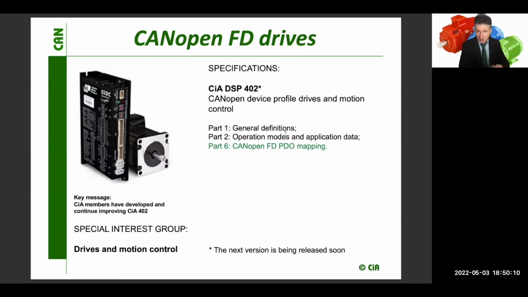If you want to design a CANopen FT drive, then this is the same working group, but you need the same parts 1 and 2 for having the parameters and functionality in there. But in case you have your PDO mapping, you need part 6, where CANopen FT mapping is defined.